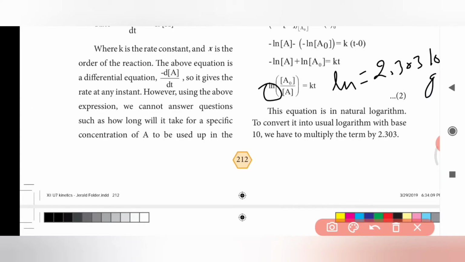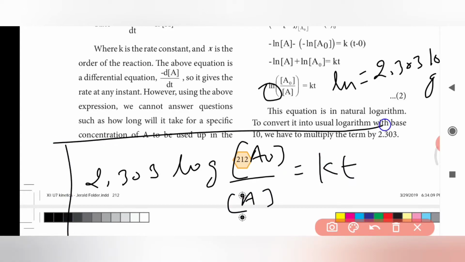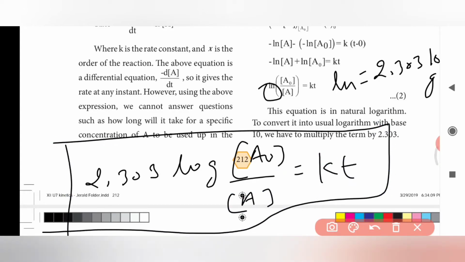So we substitute that log here, and we get 2.303 log of the concentration of A0 by A equal to K t.